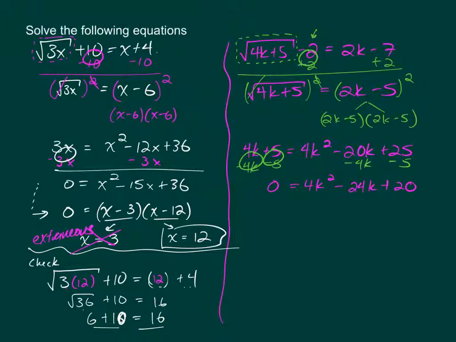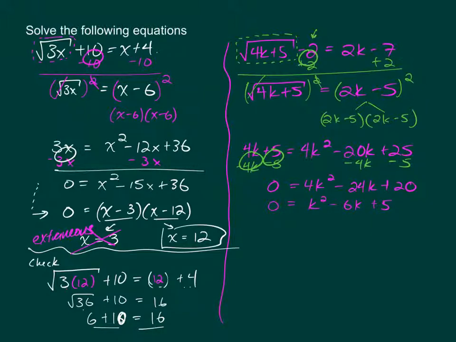So now you might notice that all of these numbers are divisible by 4. And again, we can divide an entire equation by a number. We can't divide an entire equation by a variable. So we can rewrite this equation to be much nicer, to be 0 equals k squared minus 6k plus 5.